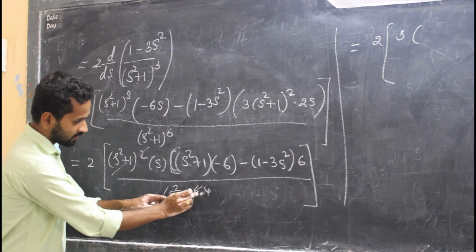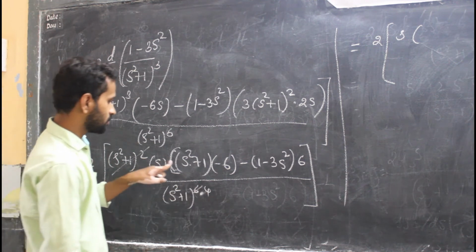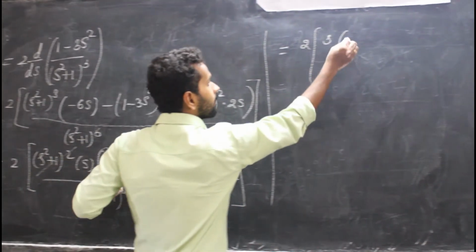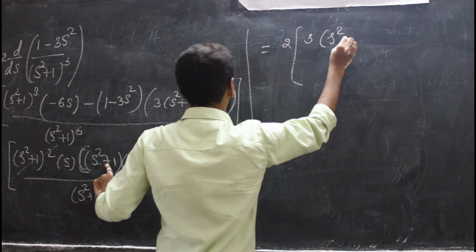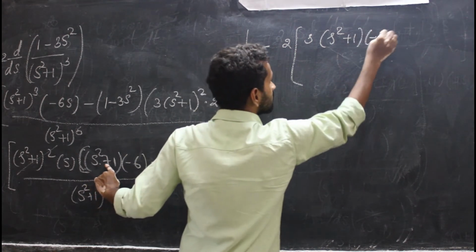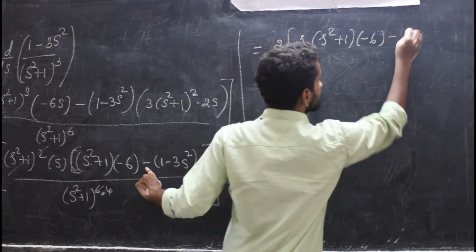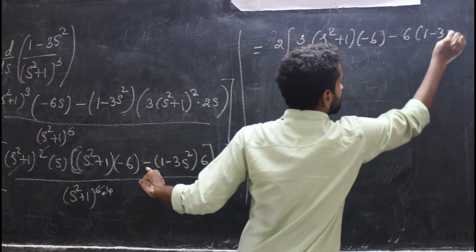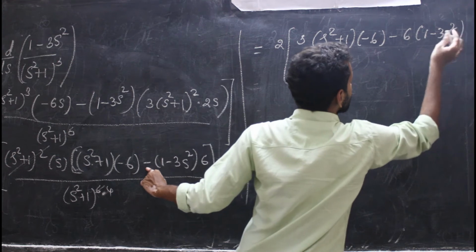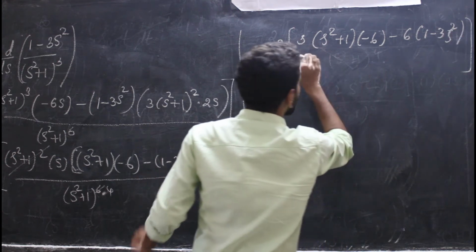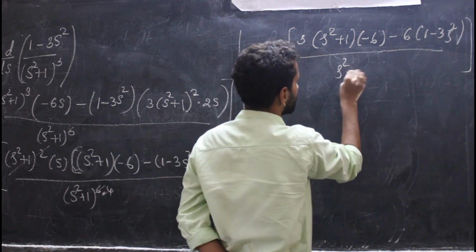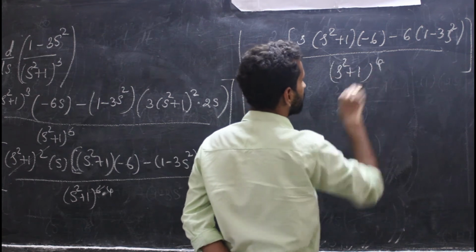So 1 2 will get cancelled, 1 4 will be left out. x into (x square plus 1) into minus 6 minus of 6 into (1 minus 3x square), divided by (x square plus 1) whole to the power of 4.